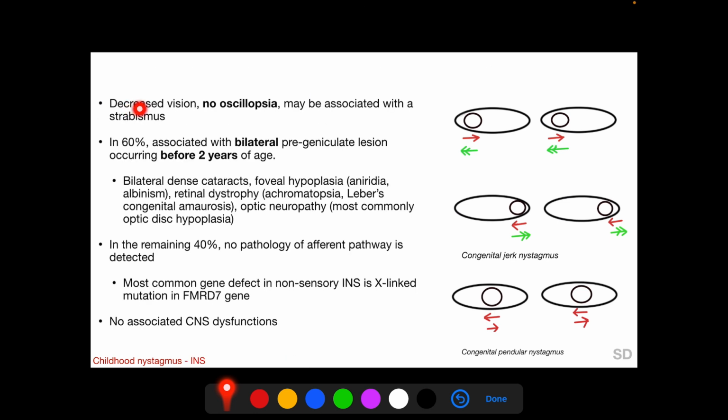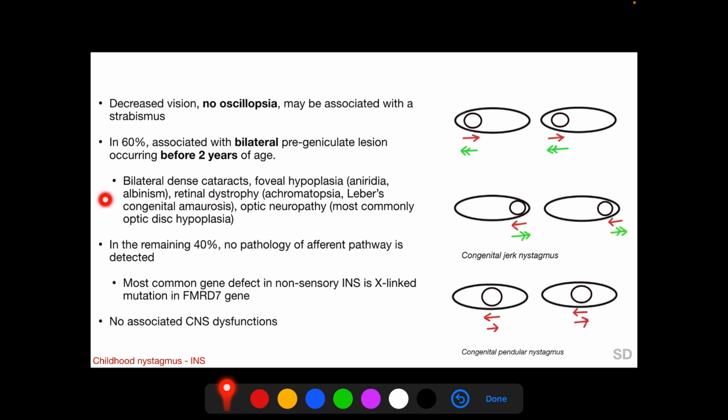There is decreased vision, and being of childhood onset, there is no oscillopsia, and it may be associated with a strabismus. In 60% of cases, INS is associated with bilateral pregeniculate lesion occurring before 2 years of age, and it can vary from cataracts, foveal hypoplasia, retinal dystrophy and optic neuropathy.